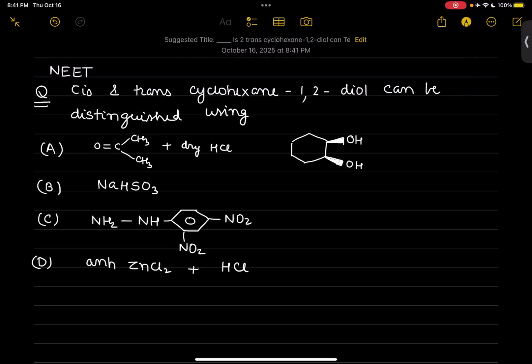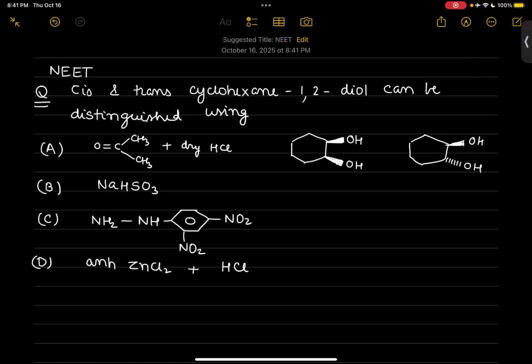Is it clear? And trans is where one OH is coming up, above the plane of the paper, while the other OH is going behind the plane of the paper. Clear?